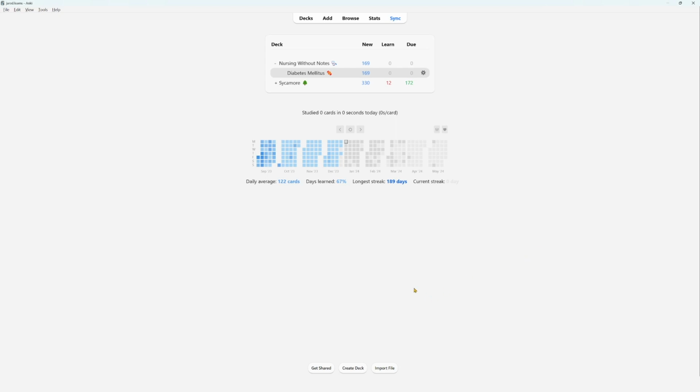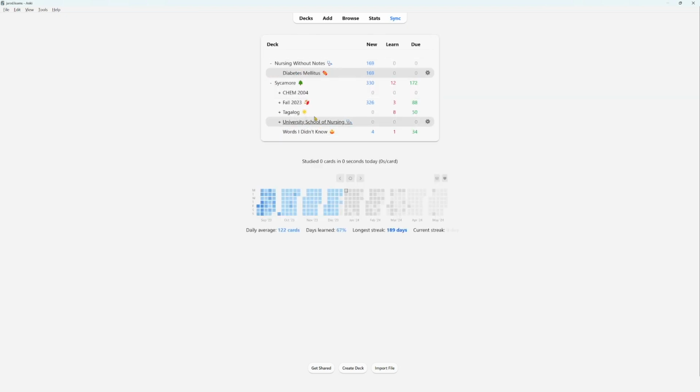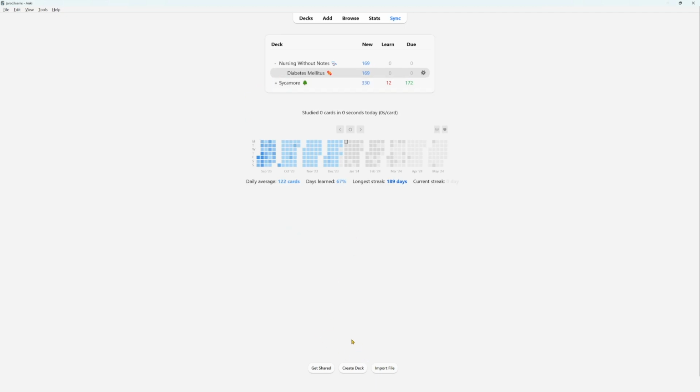So let's say, for instance, that you just started a new class in nursing school, and this is going to be Unit 1, and everything you're studying here is going to be on one test, but diabetes mellitus is what you're studying now. Outside of my university school nursing deck that I have here, I keep the current class folder separate.